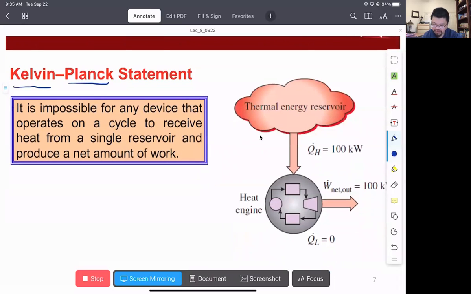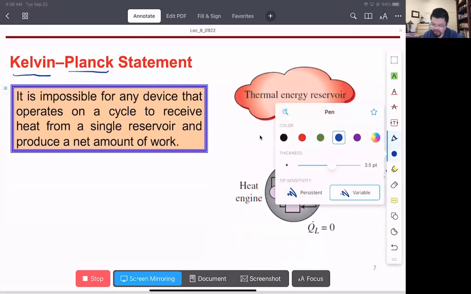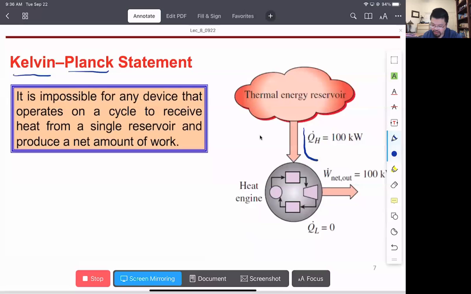So here I have this illustration. If we are going to have the thermal energy reservoir, I'll explain what the meaning of reservoir is. If I have the endless thermal resource from this reservoir, then we cannot achieve the 100% conversion. So here you can see that we are simply converting heat into work.